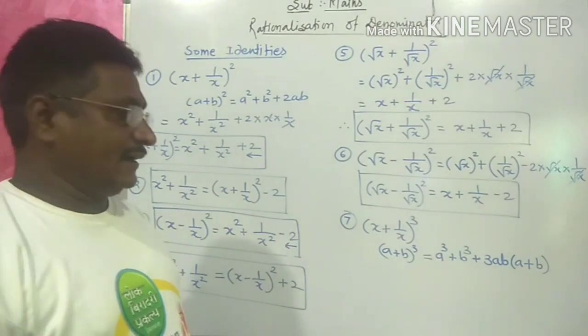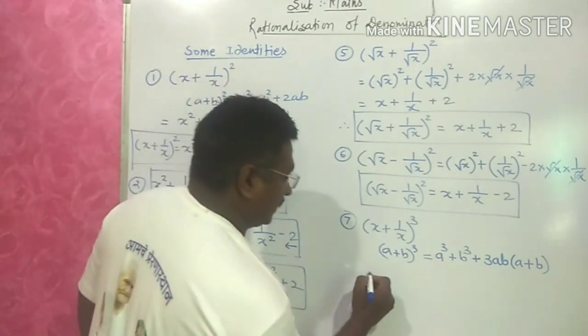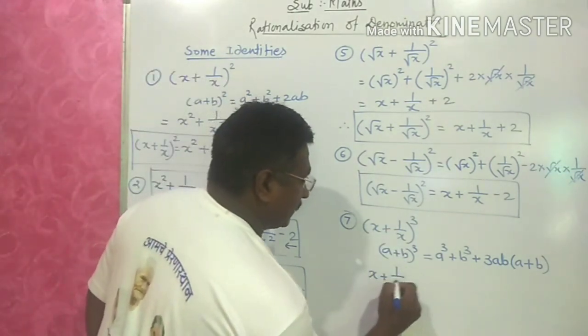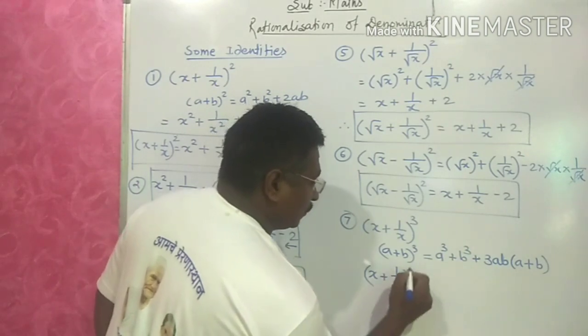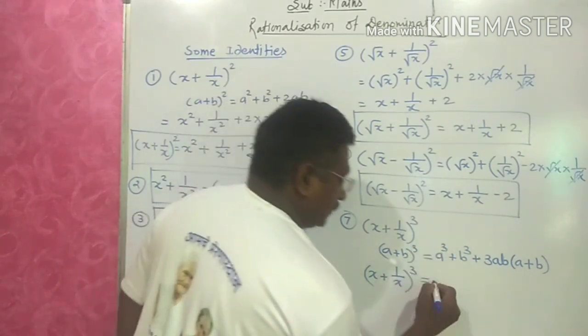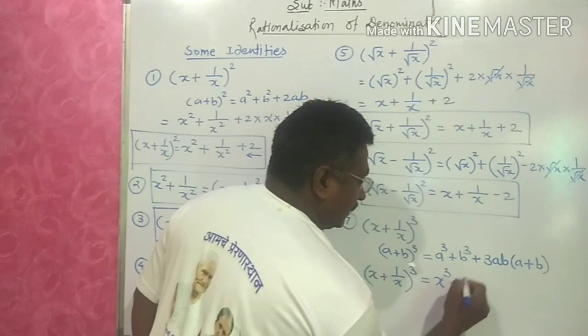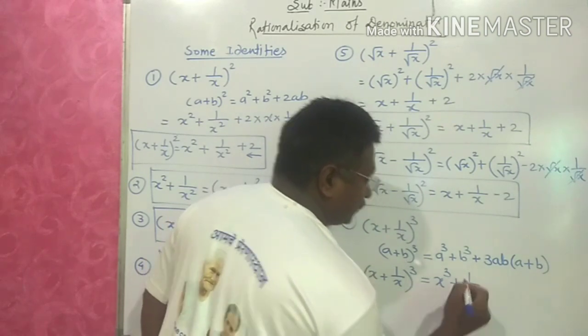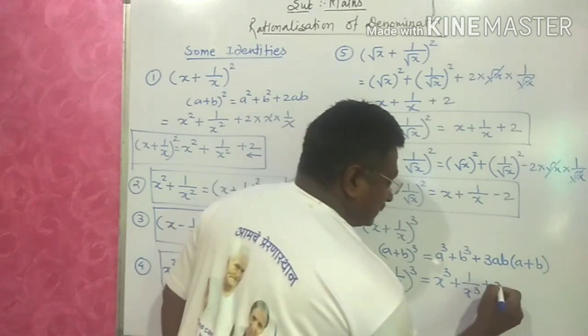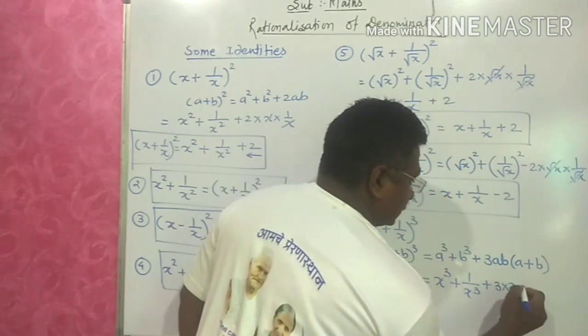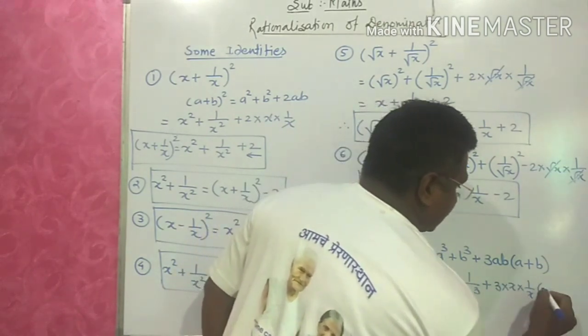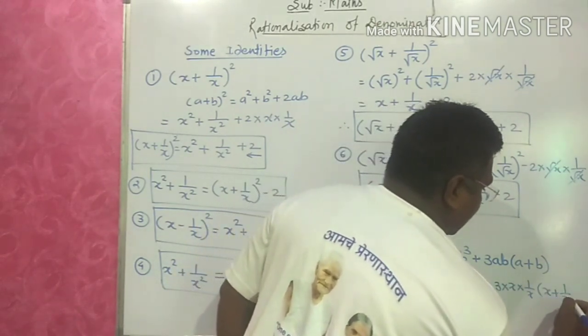This is the identity. So how to write here? x plus 1 by x whole cube equals x cube plus 1 by x cube plus 3 into x into 1 by x into x plus 1 by x.